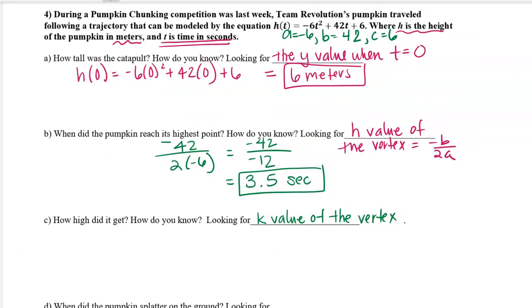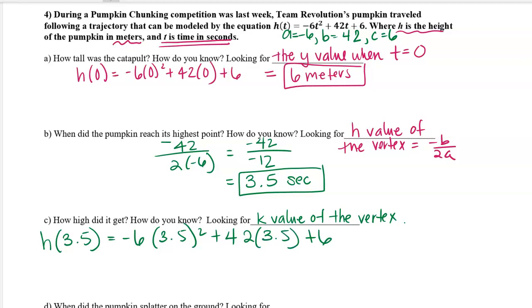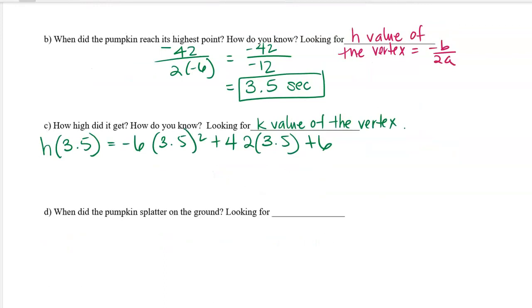All right, we have a decimal, so make sure you guys have h of 3.5 equals -6 times 3.5 squared plus 42 times 3.5 plus 6. All right, with the calculator, please punch it in. Lonnie, what's 3.5 squared? Times -6? -73.5.